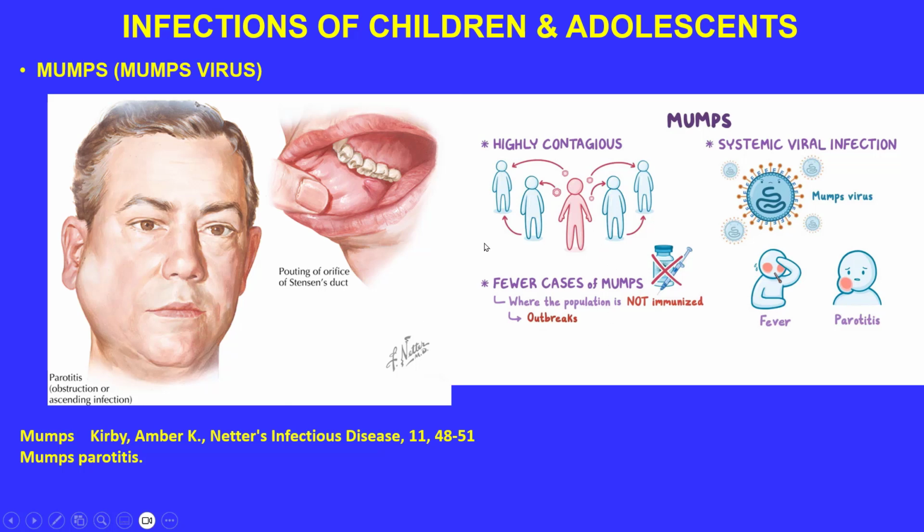When you don't have vaccines, someone who's highly contagious can easily pass it to other people. Where the population is not immunized, you're going to have outbreaks. And a systemic viral infection, this is when you have the mumps virus. It can lead to fever and parotitis.